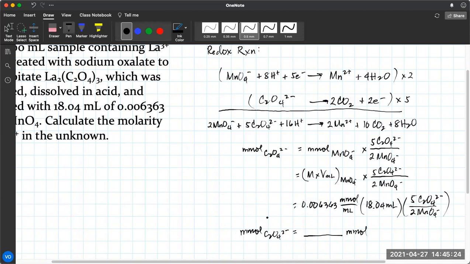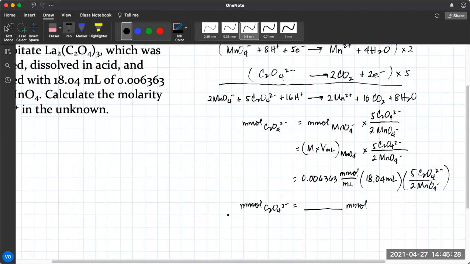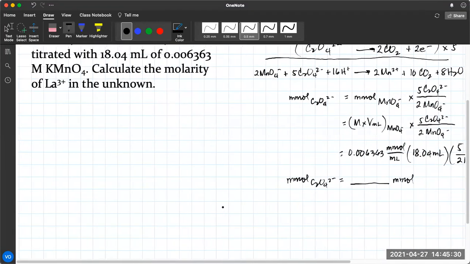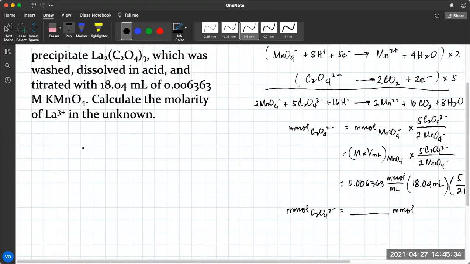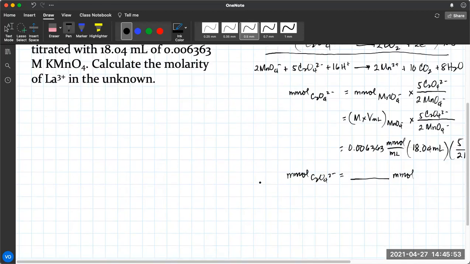Once you solve for the number of millimoles of oxalate, now we look at our stoichiometric relationship again. From here, we can determine the number of millimoles of lanthanum according to the formula of lanthanum oxalate.